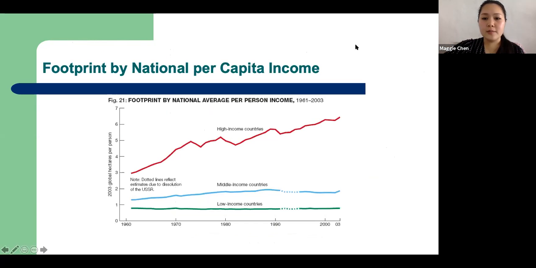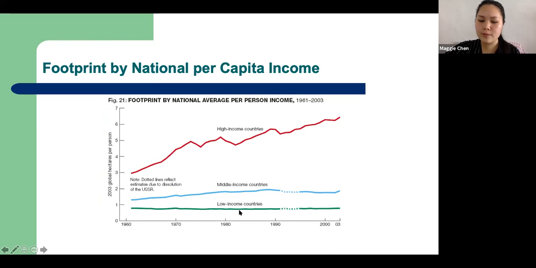And now if we're thinking about income, the ecological footprint by national per capita income, we have our time on our x-axis, on our horizontal, from 1960 to 2003. And we're looking at our ecological footprint again through global hectares per person on our y. So we have our low-income countries in dark green.